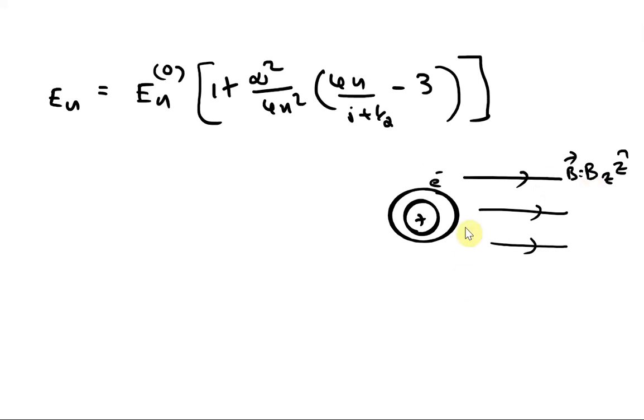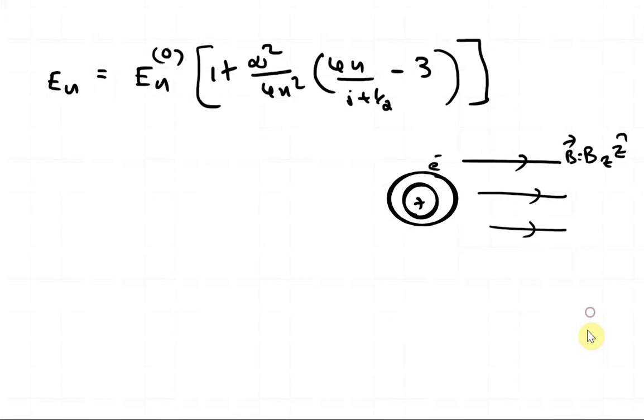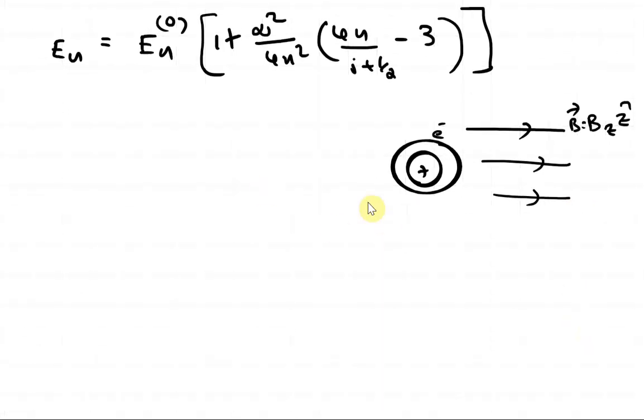Once I introduce the hydrogen atom into the magnetic field, the energy levels are splitting, and you know what sort of an interaction energy is being produced here. Associated with our orbital angular momentum, there is an orbital magnetic moment, and that will interact with the external magnetic field.